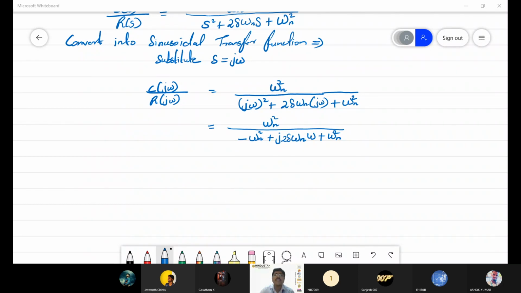Now I am going to take this omega n square outside. Before that we can split it into a real part and imaginary part also. You can make it into a simplified system.